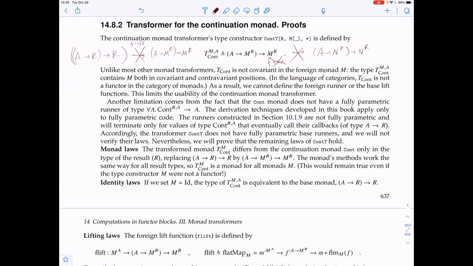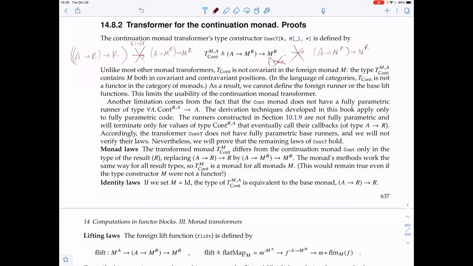It means that you cannot combine the computations in the continuation monad with computations in other monads as freely as with, say, option and list and so on. If you have a continuation monad value, you cannot lift it to the stack where continuation is at the base. You just cannot.